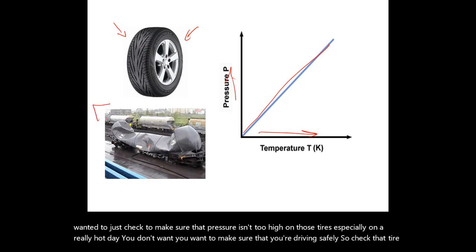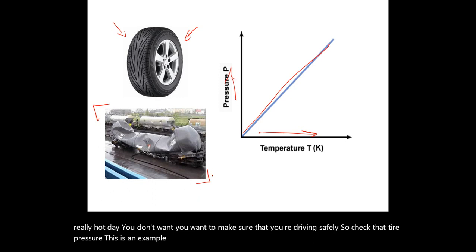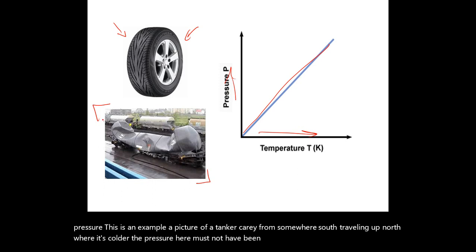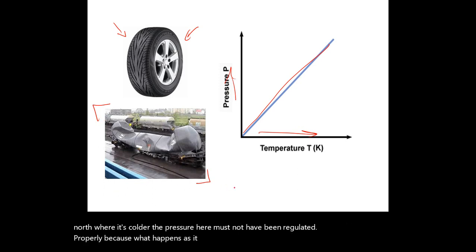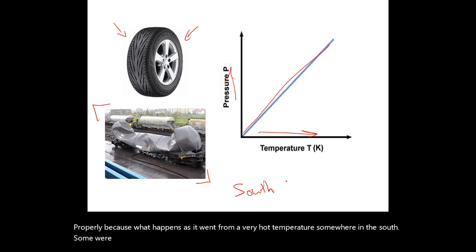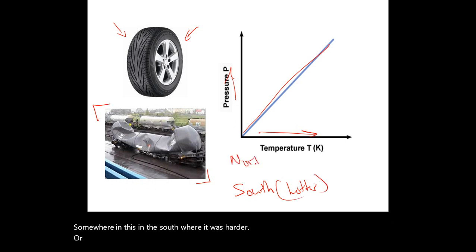This is an example, a picture of a tanker carried from somewhere south, traveling up north where it's colder. The pressure here must not have been regulated properly because it went from a very hot temperature somewhere in the south, where it was warmer, to somewhere in the north where it was colder.